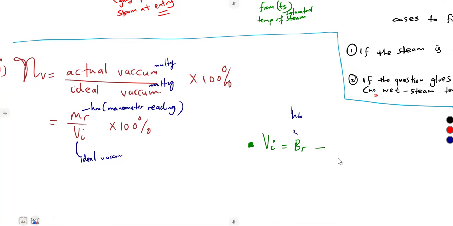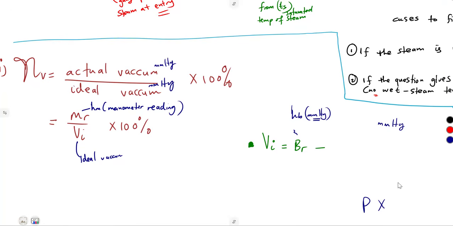The barometer reading, remember, its units are millimeters of mercury. For us to subtract here, we must subtract something that is also in the same units of mercury. For any conversion from pressure to millimeters of mercury, remember I said you multiply by the opposite of what you have been using.